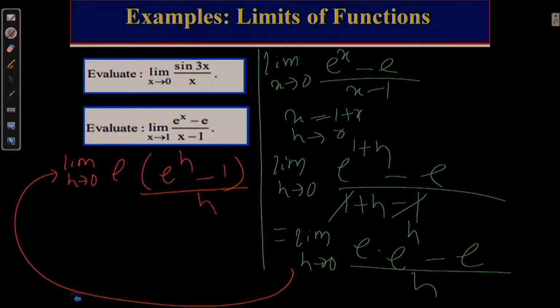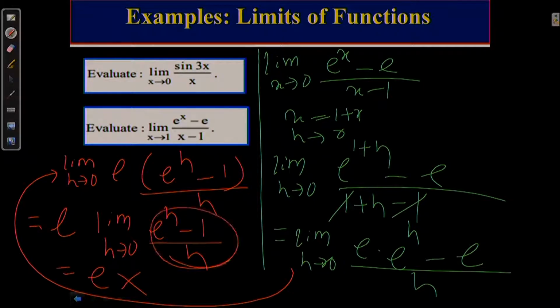So I can write e separately, so that becomes e times limit h tends to 0 of (e to the power h minus 1) by h. Remember, the value we have just discussed, limit h tends to 0 of (e to the power h minus 1) by h, equals 1. So I can write e into 1, that value equals e.